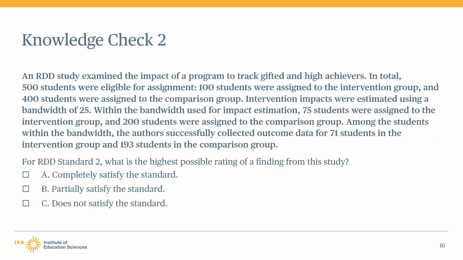Knowledge check 2. In an RDD study examining the impact of a gifted or high achiever tracking program, a total of 500 students were eligible for assignment. 100 students were assigned to the intervention condition, and 400 were assigned to the comparison condition. Intervention impacts were estimated using a bandwidth of 25.